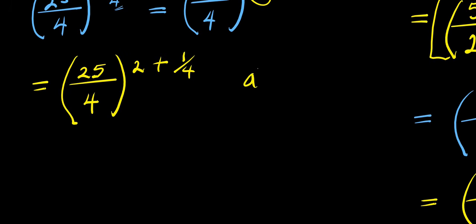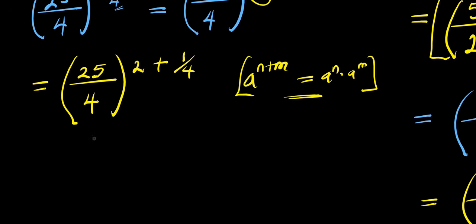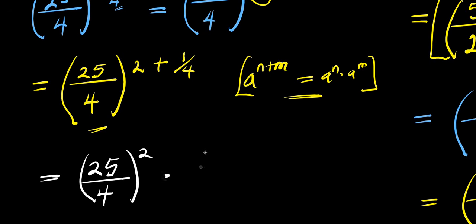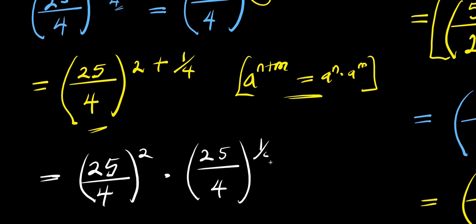You have a power n plus m, this equals a power n times a power m. I apply this identity right here. So what I'm going to have will be 25 divided by 4 raised to the power of 2 times 25 divided by 4 raised to the power of 1 over 4.